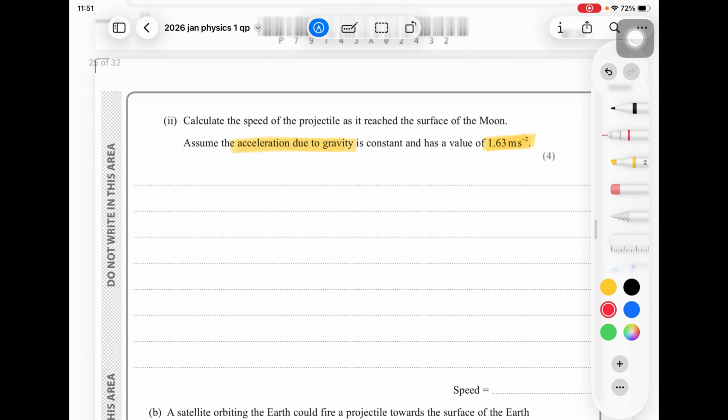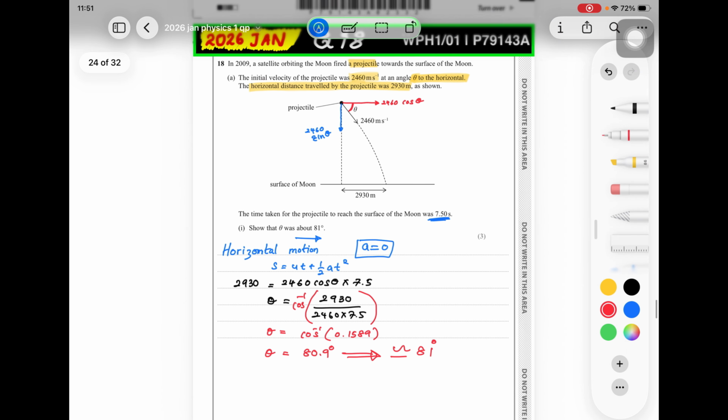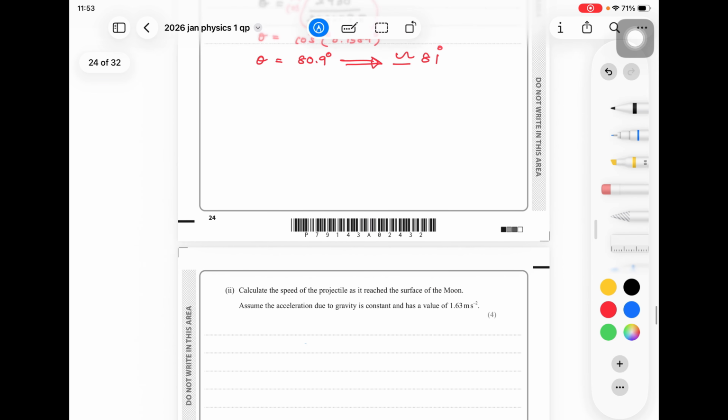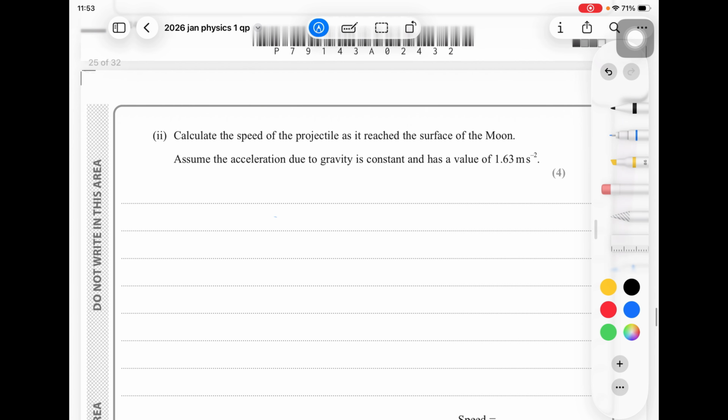Now considering the vertical motion, we go downwards.